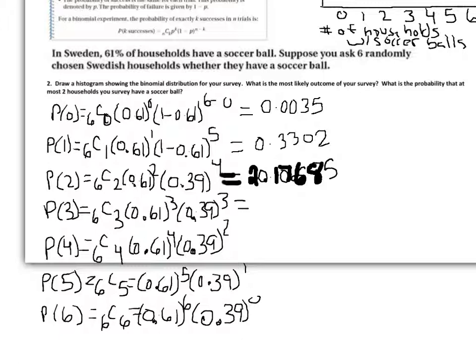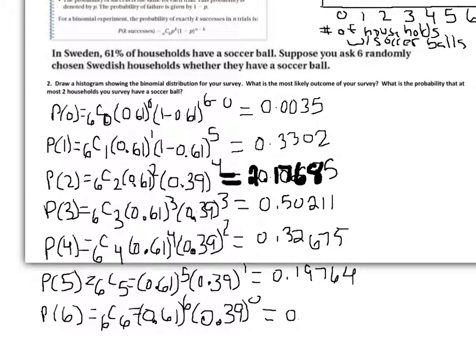For the fourth one, we would get 0.50211. For the fifth one, 0.32675. For the sixth one, sorry, 0.19764. For the last one, 0.05152. Okay, so we have all these percentages.